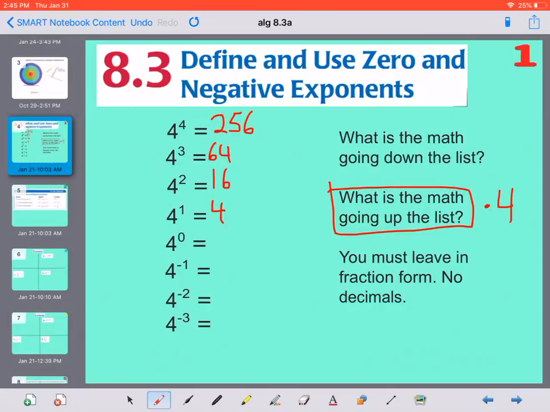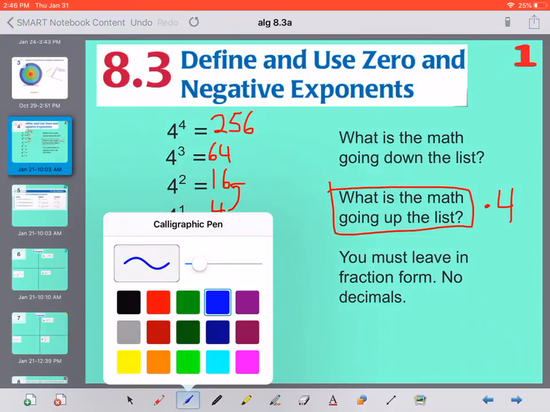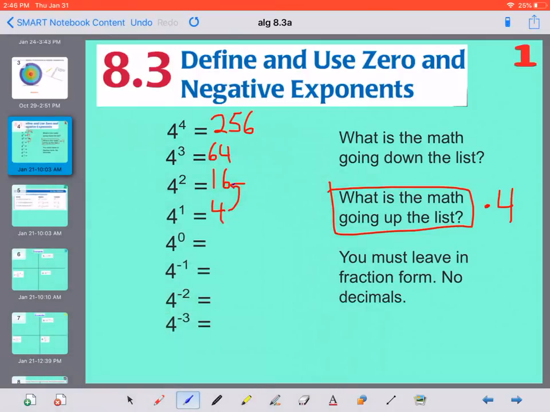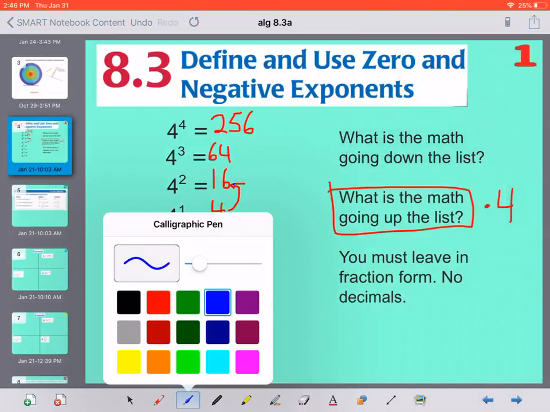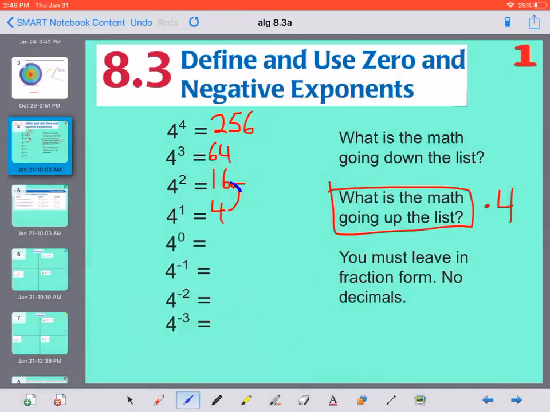Now, if we are going down, when we were going up, first of all, we were multiplying by 4. If we were going down the list, if we went from, let's say, 16 to 4, we were dividing by 4.